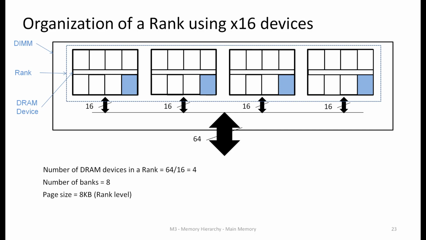And when we say that the physical page size is 8 kilobyte at the rank level, it means that each sub bank contributes 2 kilobyte. So when we send an activate to this DIMM, the activate goes to each of these 4 devices to that specific sub bank and opens 2 kilobyte page in each of them. Together, the memory controller sees that there is a page of 8 kilobyte.